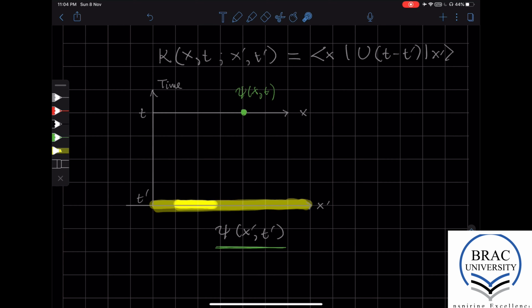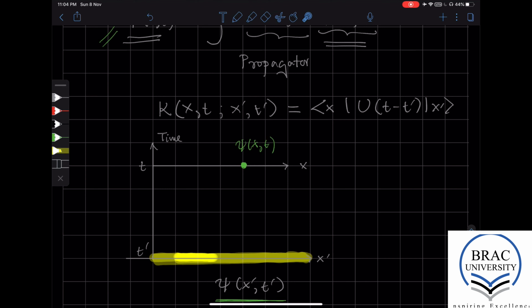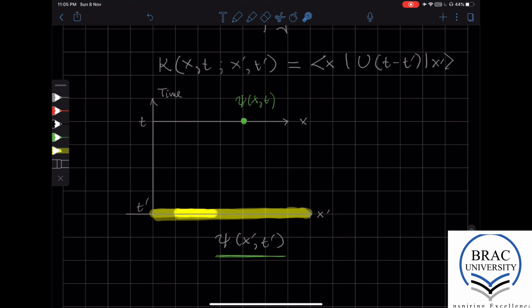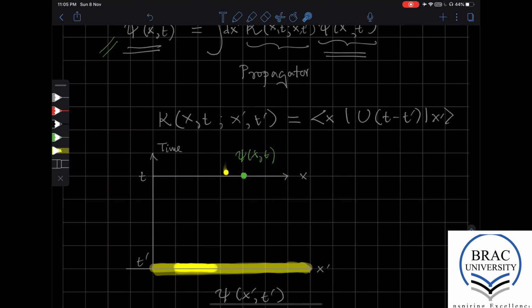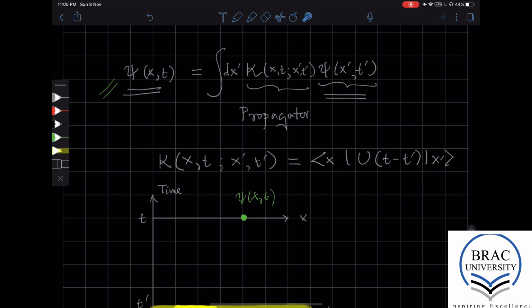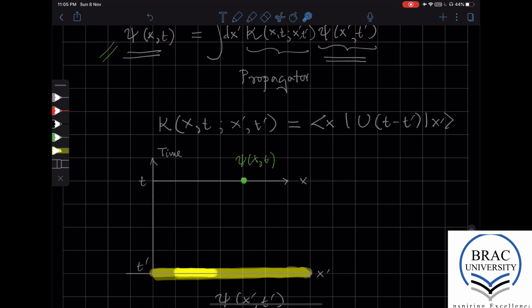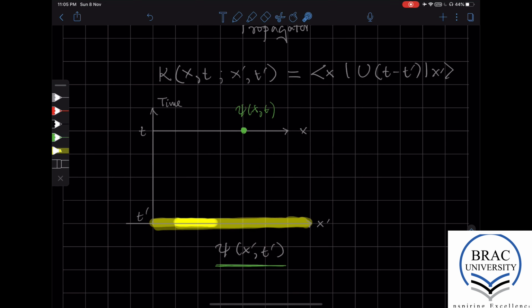And the way the system propagates forward in time is encoded in the propagator. So we can see that this future wave function psi is the propagator weighted with the wave function at different positions.